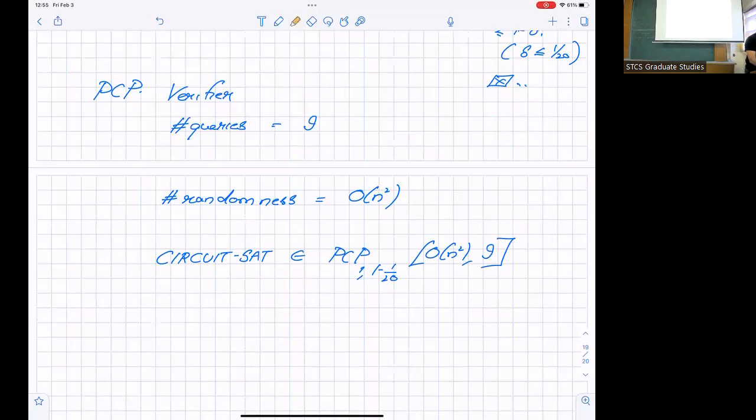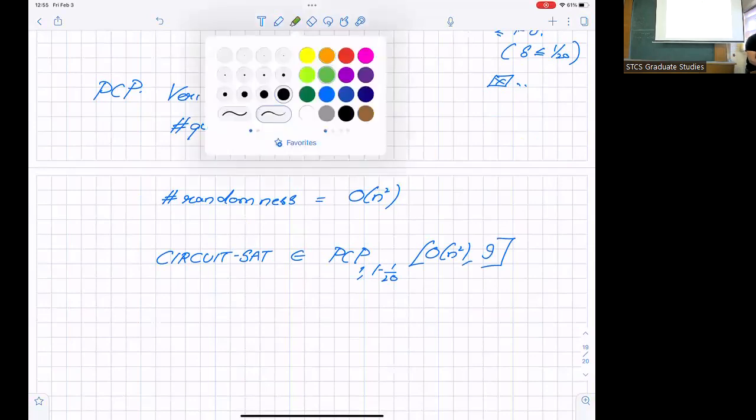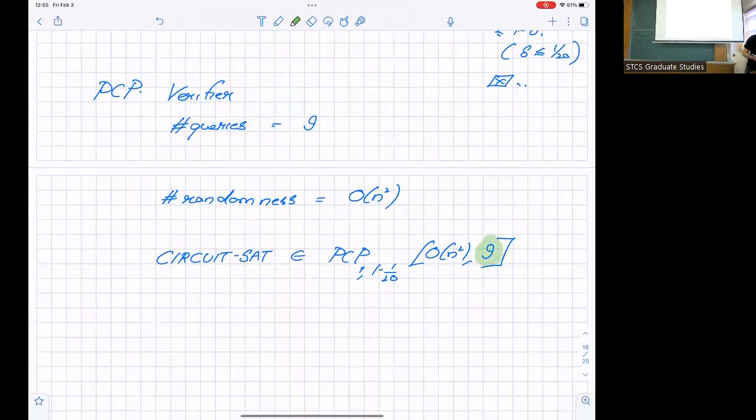And the key thing over here is this 9. The n squared is bad. The very fact that we are able to get some PCP verifier that queries the proof only at 9 bits, and it's guaranteed with probability 19/20 that this is a correct proof, is a fairly remarkable thing.